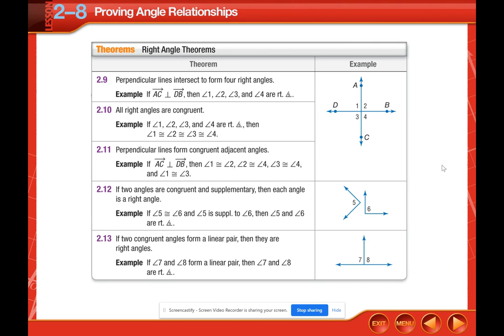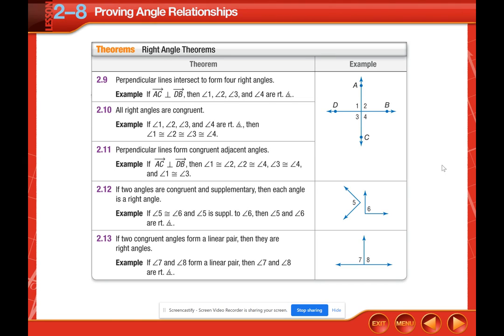Another series of theorems. Like I said, print this out so that you have it for easy access. Perpendicular lines intersect to form 4 right angles. That's theorem 2.9. Theorem 2.10 says that all right angles are congruent.